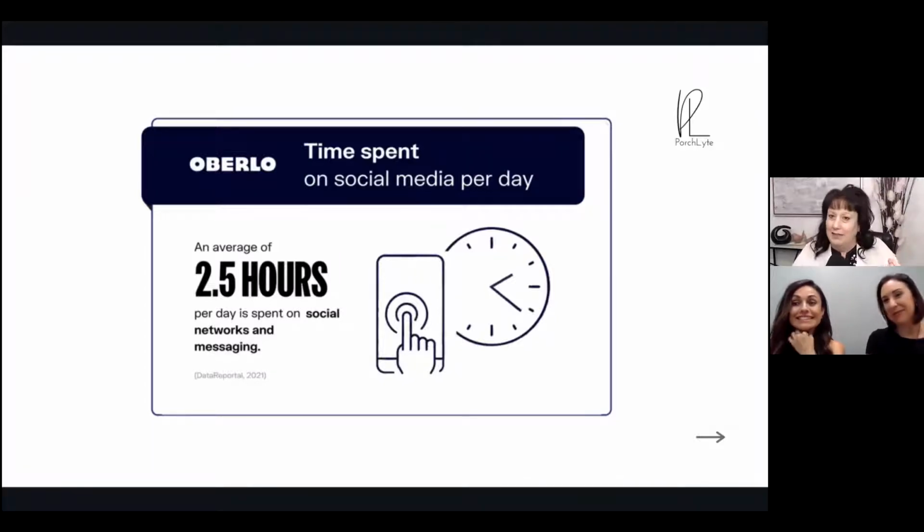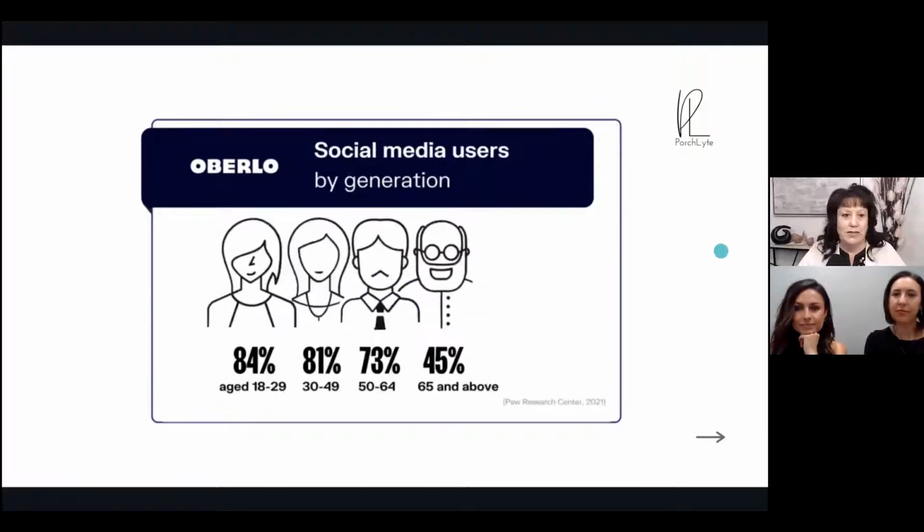It might be a little bit more, only because my husband and I seem to have replaced TV with social media, the different apps, whether it's a news app or entertainment or a game. People are using it. So social media users by generation, 84% of them are between the ages of 18 and 29, 81% between the ages of 30 and 49.